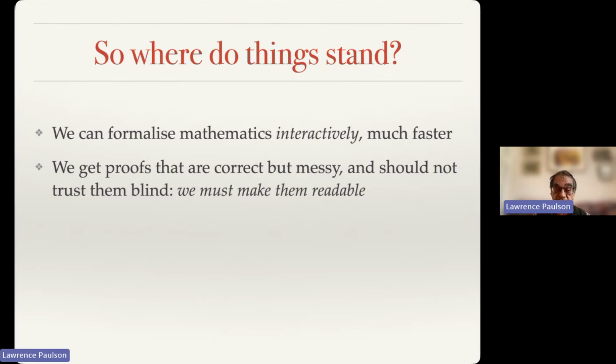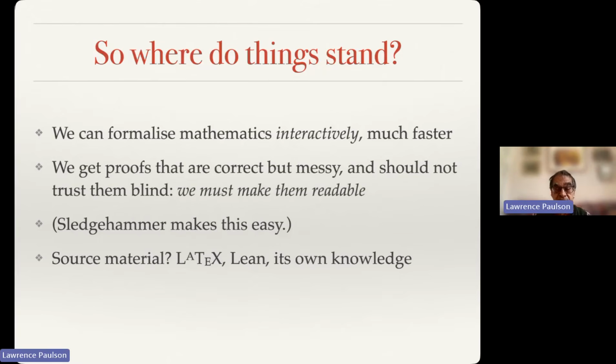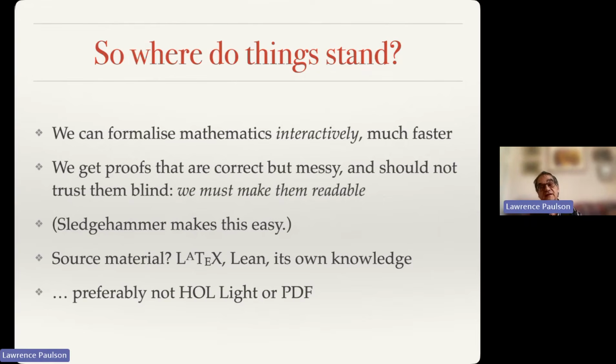We should make them readable, and make them proofs that we understand and can believe, and we can use Sledgehammer for this. You can use many things as the raw material. I'm not trying to be against HOL Light. There's tons of stuff in HOL Light, but it is my personal experience that Claude really struggles with HOL Light as a source, whereas it's much happier if you give it something like LaTeX or Lean.